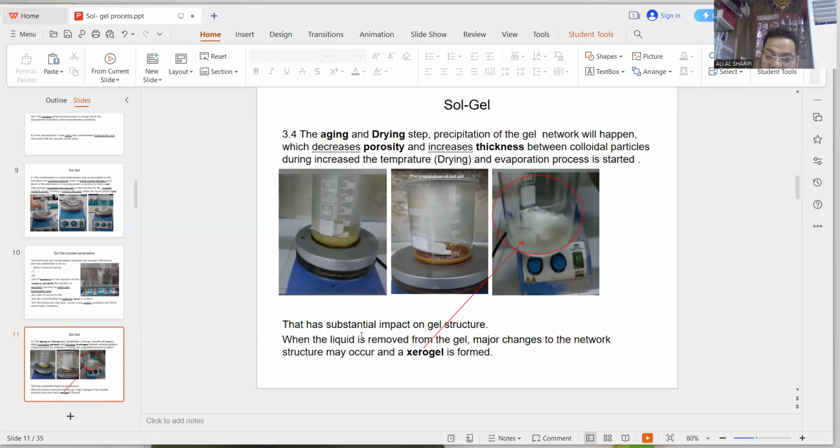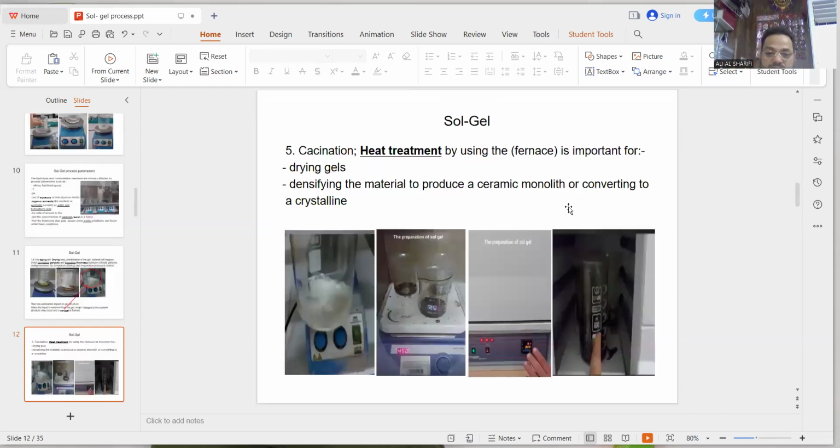That has a substantial impact on gel structure when the liquid is removed from the gel. Major change. What does liquid mean? It means the solvents. From gel, major change to the network structure may occur and xerogel is formed. Here in this form, we don't have solvent anymore. Why? Because of the temperature treatment.